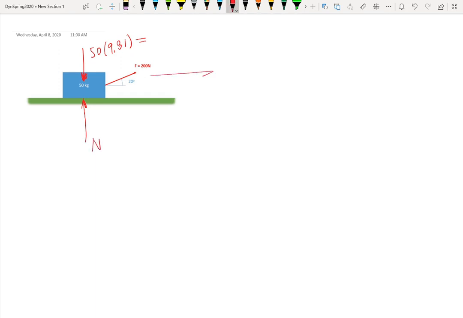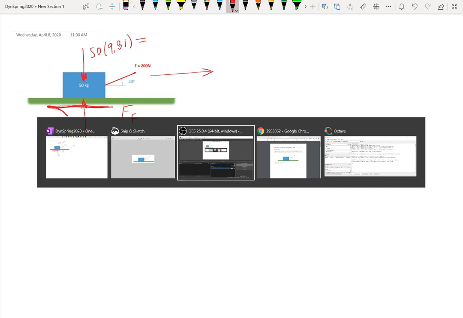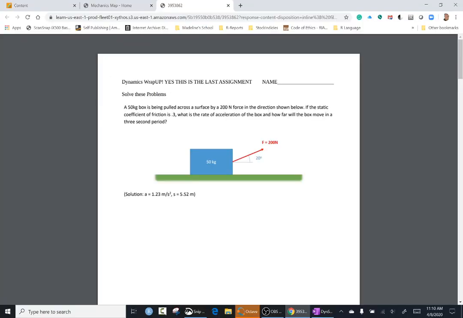We're assuming since we pull it this way, it's going to go that way. If it goes that way, you're going to have a force due to friction. He told us that the coefficient of friction is 0.3.